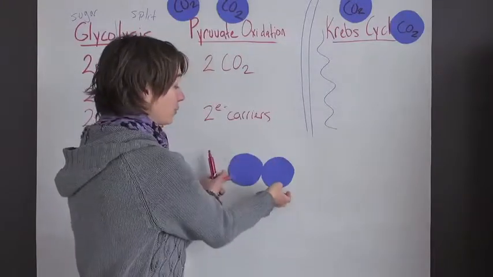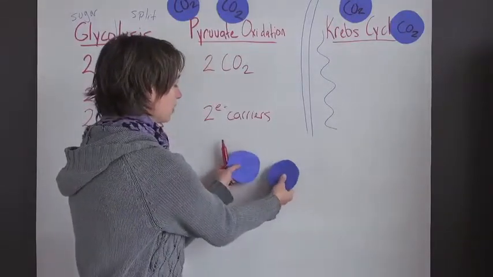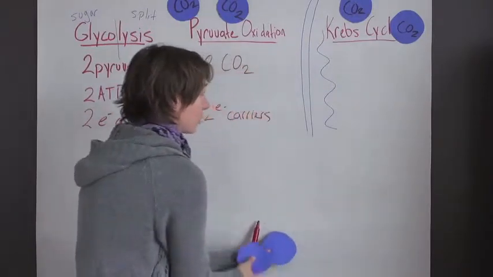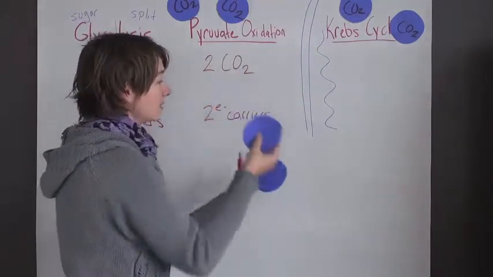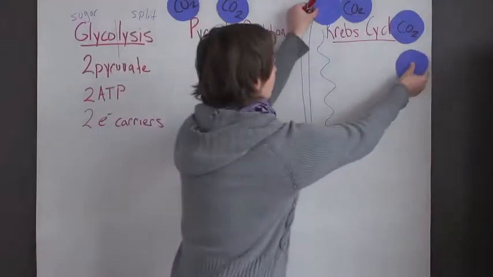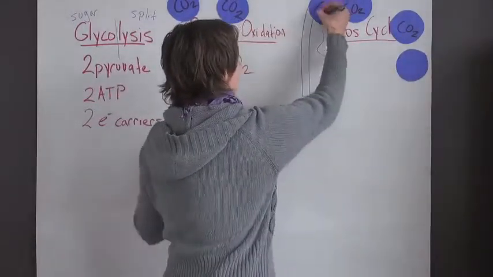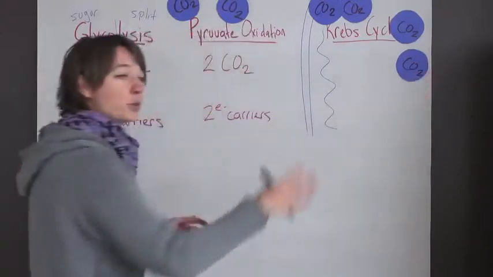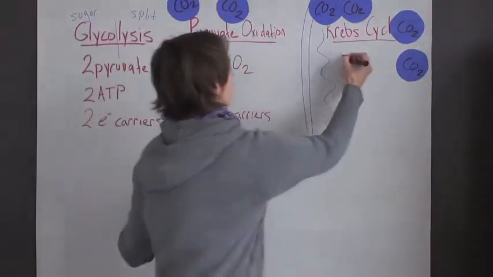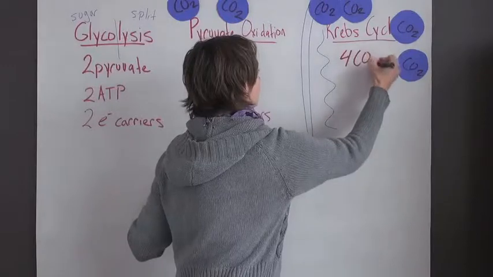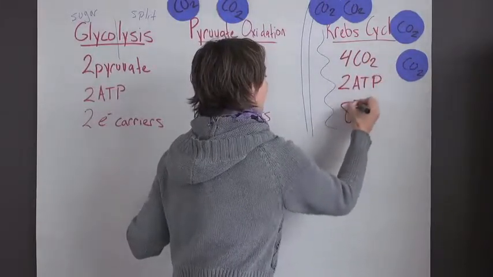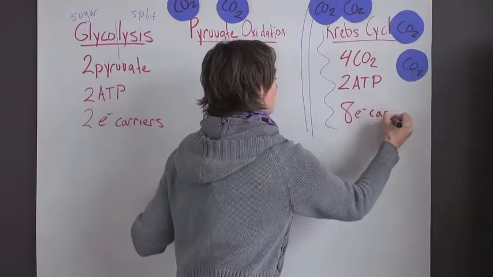Now, since we have 2 of these acetyl-CoA, it has to go through the Krebs cycle twice in order to break down the entire glucose molecule. So since we go through twice, we end up with 4 CO2, 2 ATP, and 8 electron carriers.